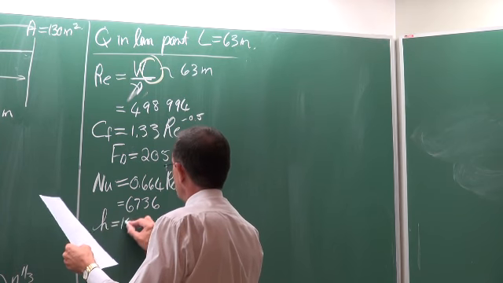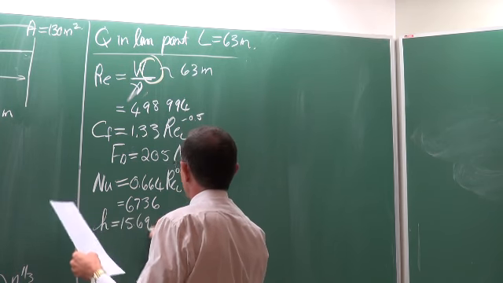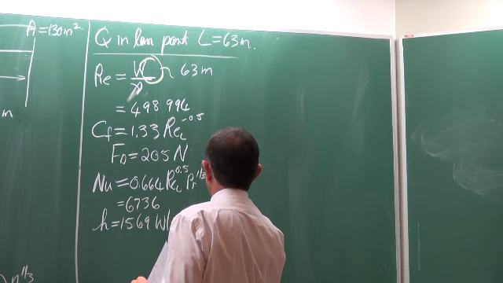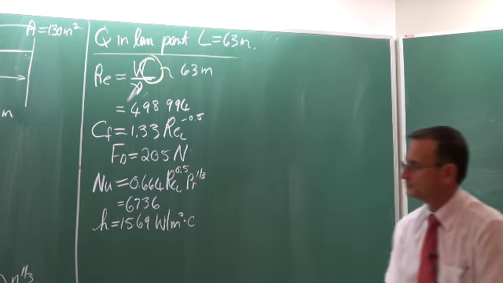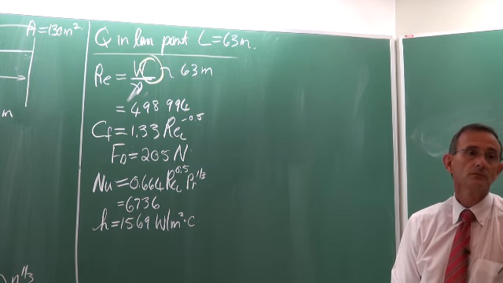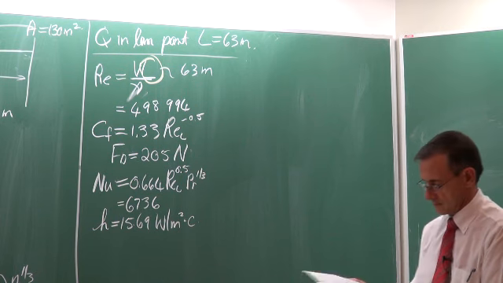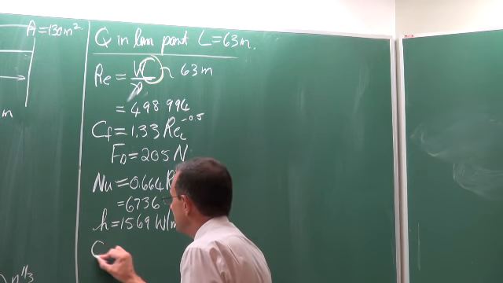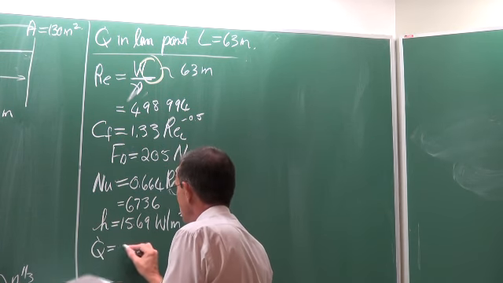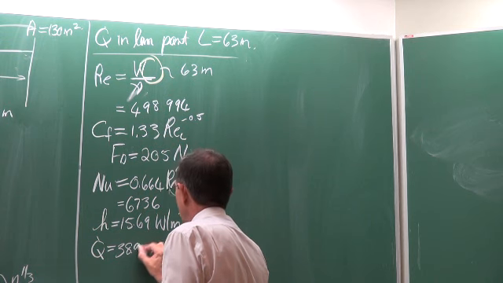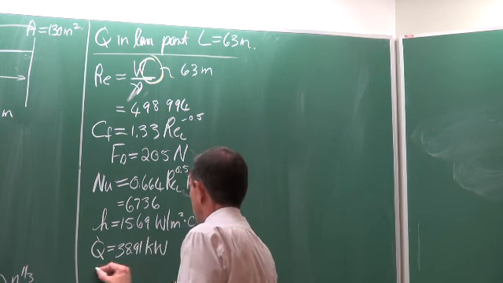Calculate the heat transfer coefficient, it would be equal to 15.69 watts per square meter degree Celsius. And then the heat transfer rate would be equal to 38.91 kilowatts.